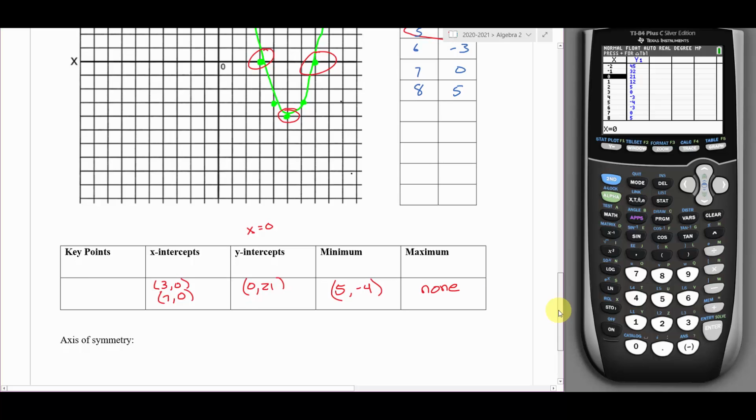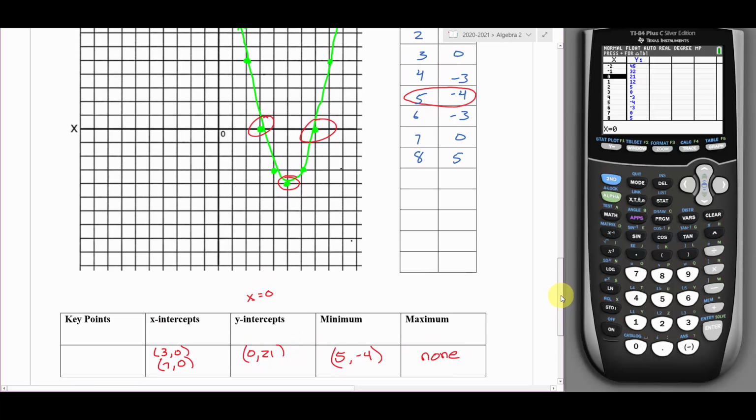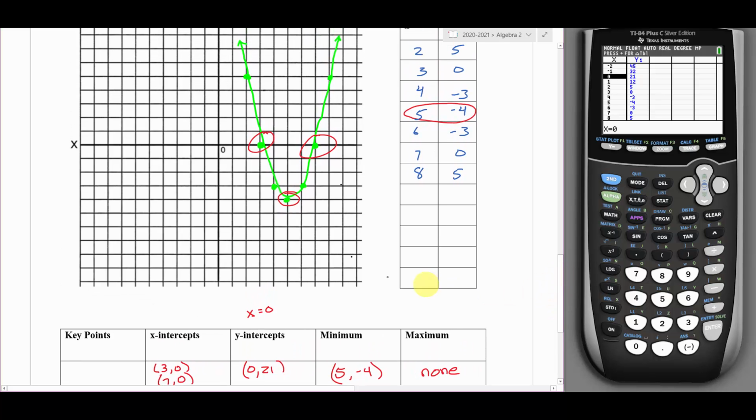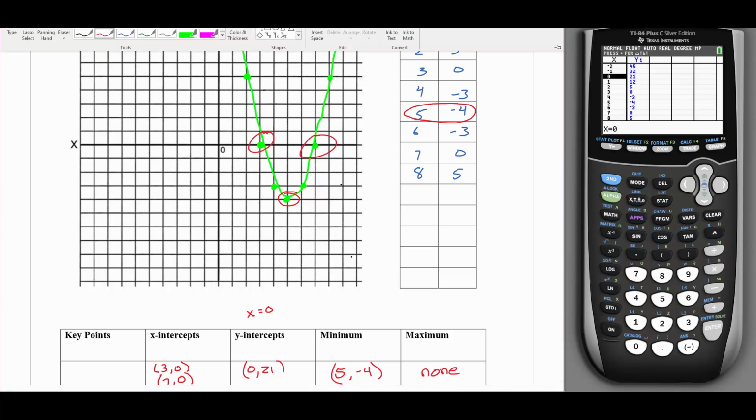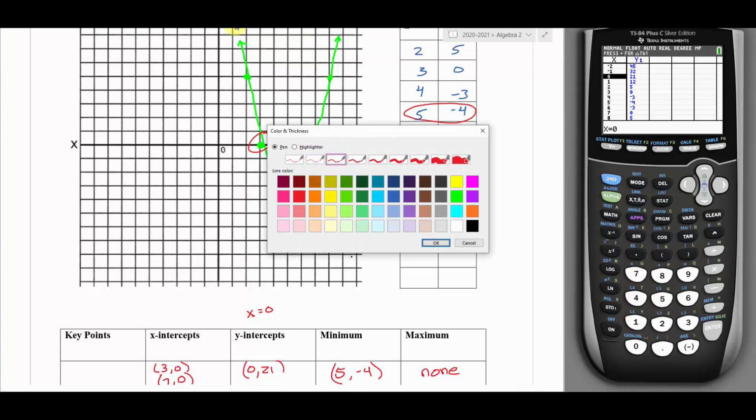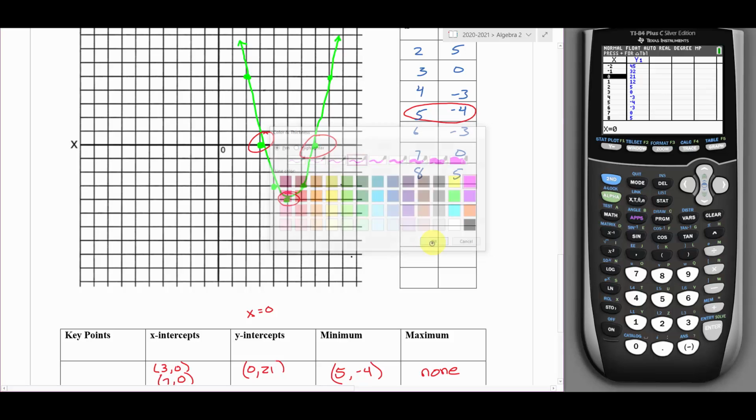All right, last thing I'm going to talk about here is the axis of symmetry. And the axis of symmetry is a line, if you can imagine, a line that is going to be drawn on this graph in such a manner that if I were to fold over this line, one side of that line would fold right on top of the other. So let me show you where the axis of symmetry is here. So for this parabola, I essentially want to try and fold this parabola in half.